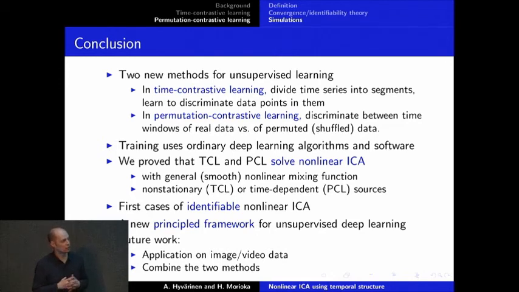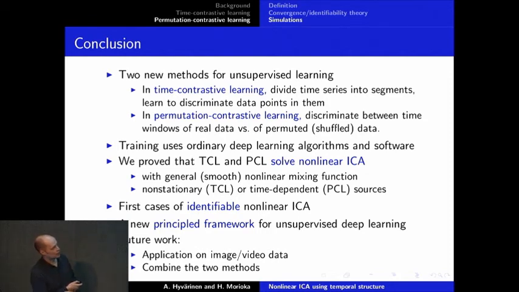Possibly we would get features which are rather similar to what people get these days with ImageNet, but we wouldn't need any labels. And thus we would be able to use huge amounts of data, which also allows us to use very high dimensional data and a large number of features.